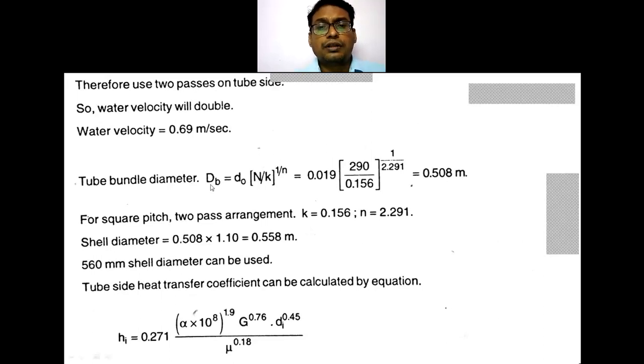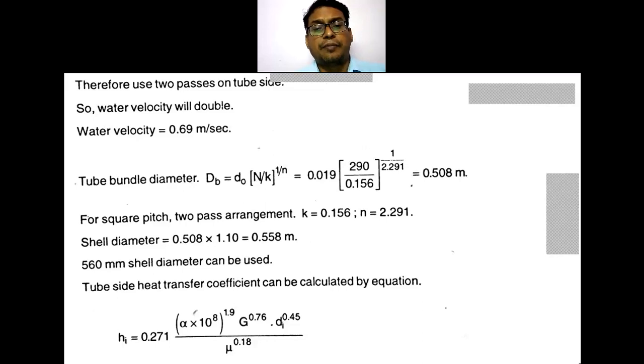So bundle diameter, that is dB, is equal to do into N upon K raised to 1 upon n. K and n, these values are mentioned. N is the number of tubes. So the bundle diameter comes as 0.508 meter. And the shell diameter then is 1.1 times the bundle diameter.